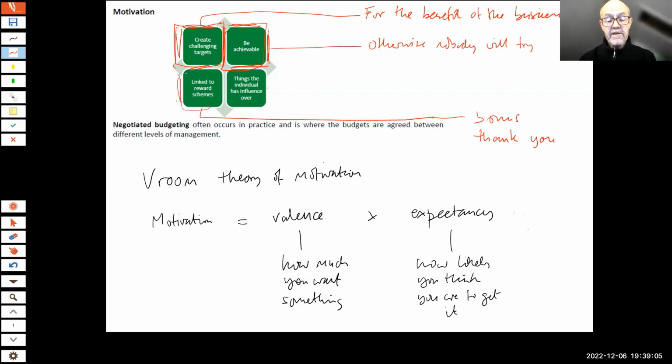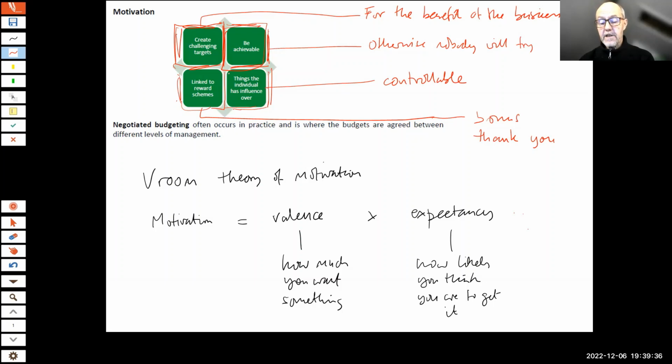But either way, some sort of reward, but there's no point offering any kind of targets or rewards over things that are not controllable. So don't give your production manager a bonus on the basis of how many units get sold, because he's not doing the selling.